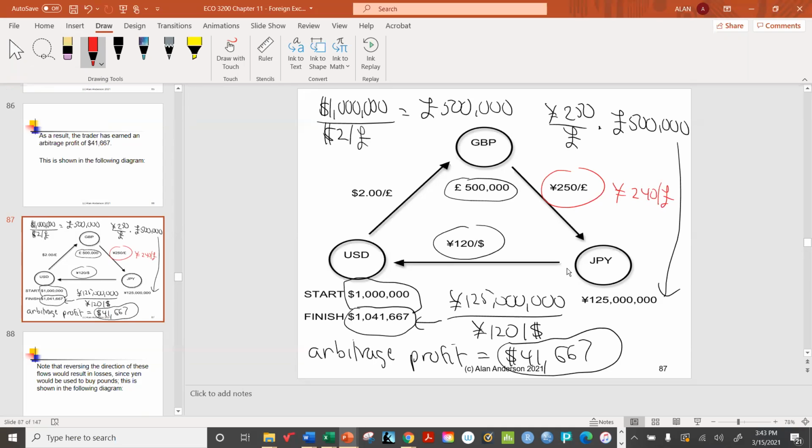You'll see that right here, this would have been 120 million yen. And when you do this math, you'll see that you would have ended up with exactly $1 million, which means no arbitrage profits. It's that extra 10 yen per pound that's generating these profits.